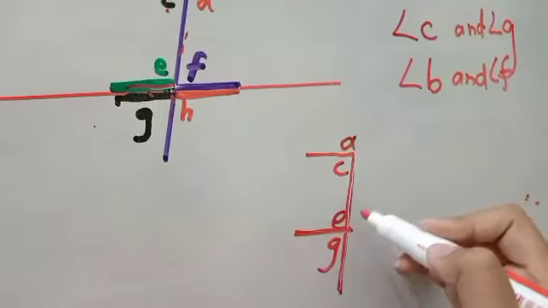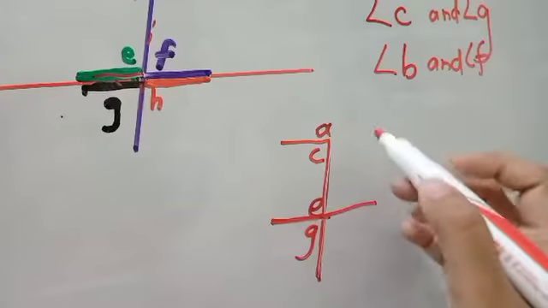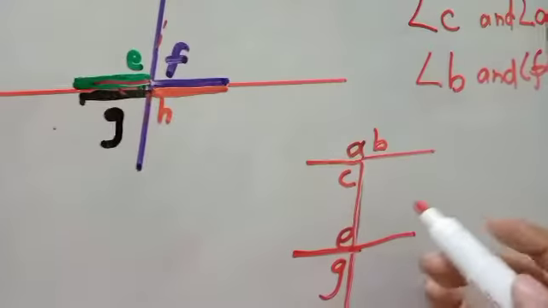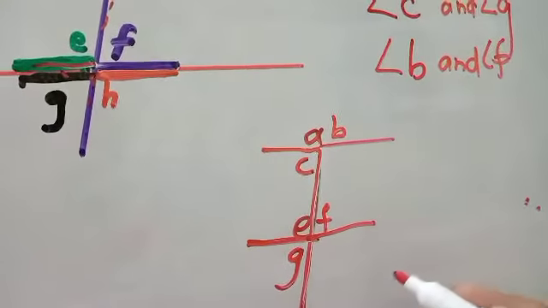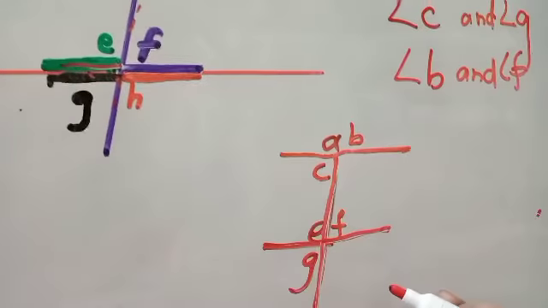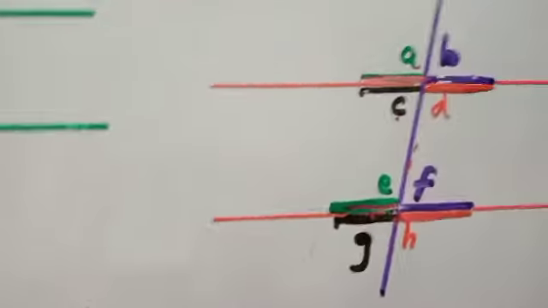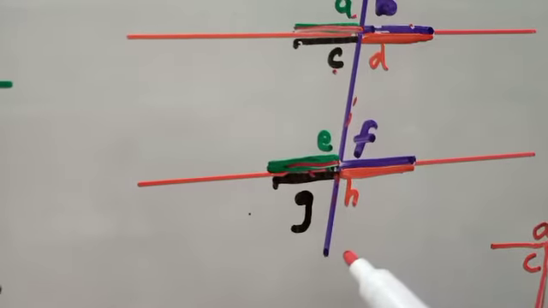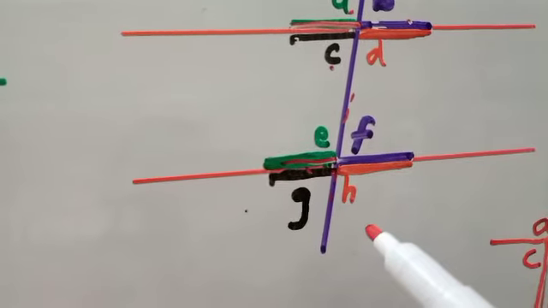How are they making an F shape? If you look carefully, this is B and this is F. So they are also making an F shape, corresponding angles. Now look back to the same side of the transversal. D and H are also corresponding angles.